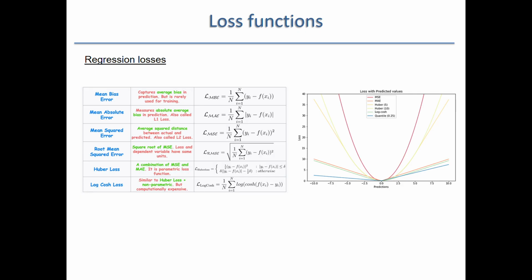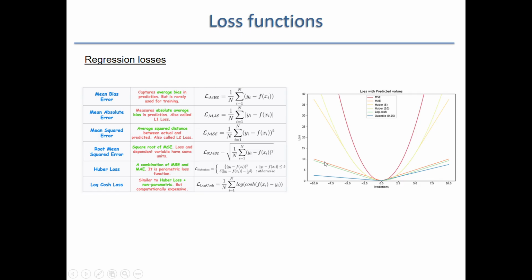Then you have the Huber loss. The Huber loss saturates. The problem with the average square error is that if you are close to the minimum, it goes very quickly, much quicker than the absolute value.